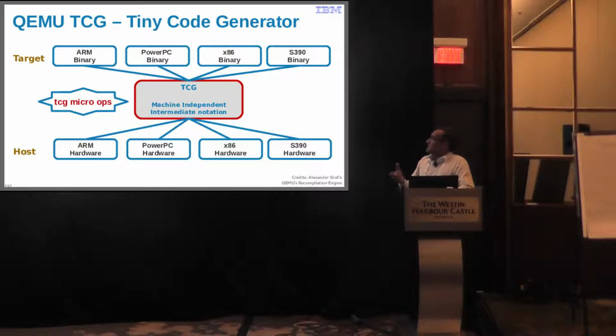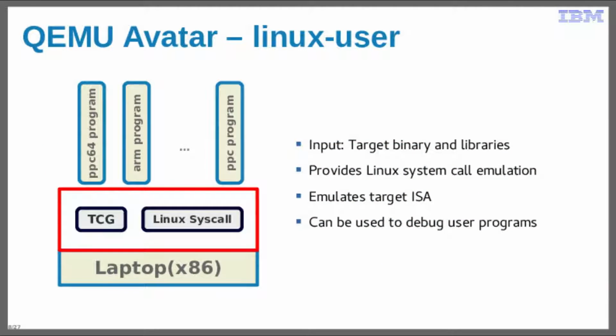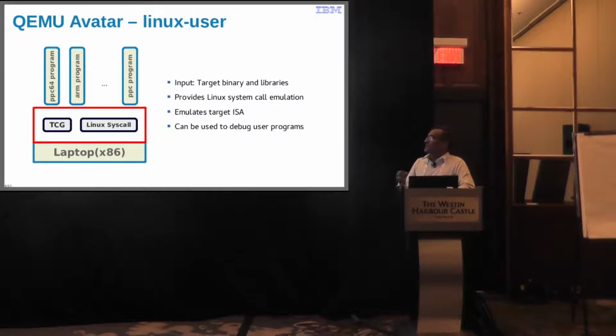This TCG engine can be combined in different ways. If I combine it with Linux system call emulation, what I get is QEMU Linux user. I would be able to test my Linux programs, a target program on a foreign architecture, using that.